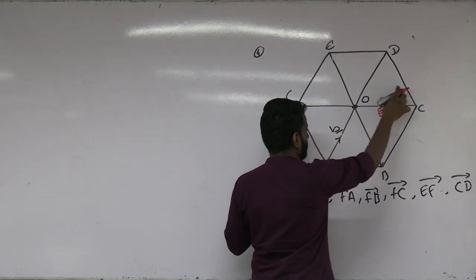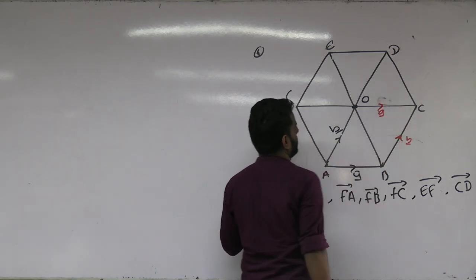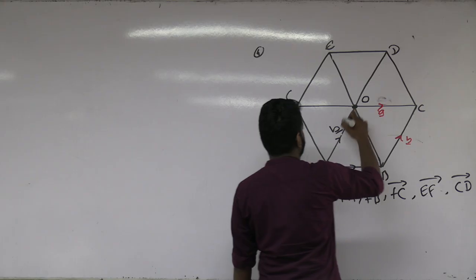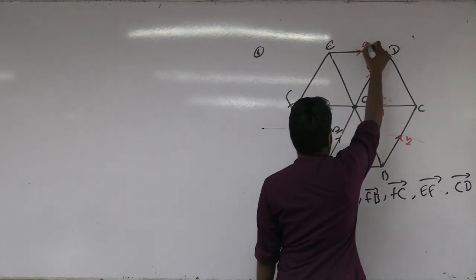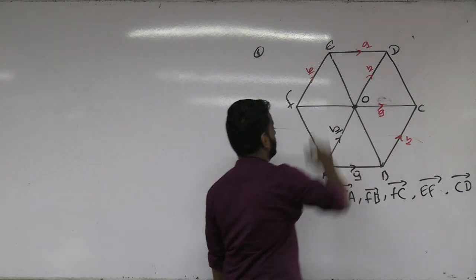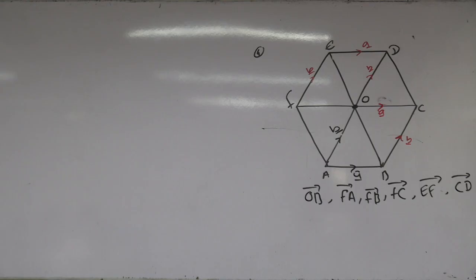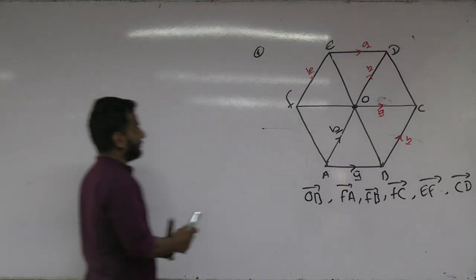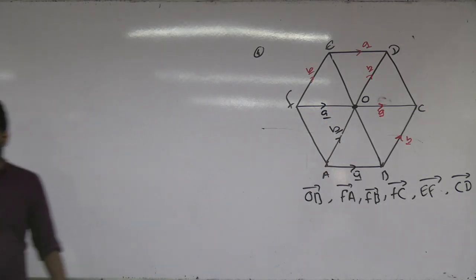This is A. This should be B. And when we consider this, it is equal to this anyway. This is A and this is B. FO is also simple.